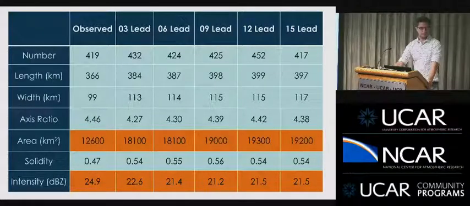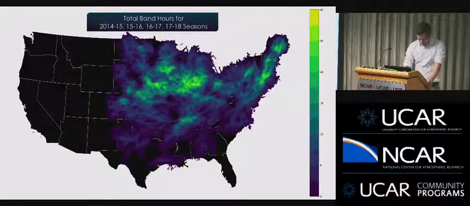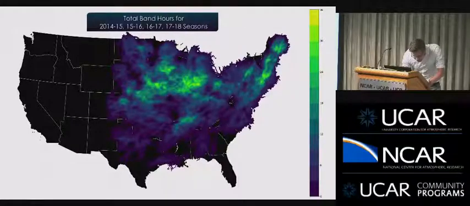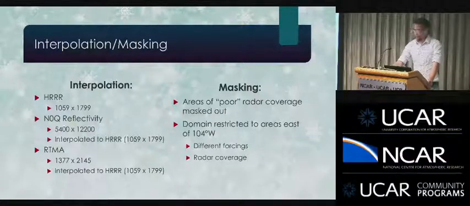Can you remind me what the resolution of the observation data set is versus the model? Yeah, so the reflectivity mosaics have a resolution of about 0.5 kilometers, and the HER has 3 kilometer resolution.